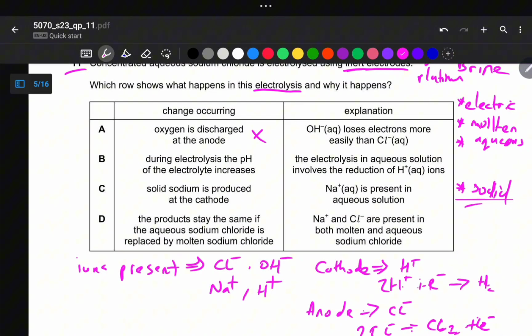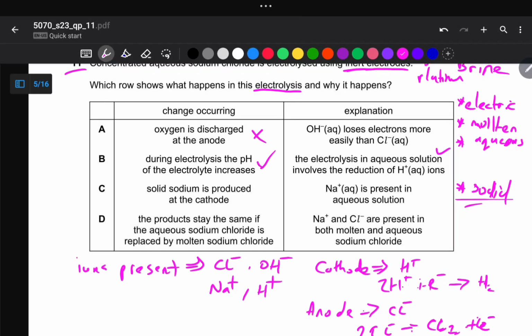This one is true because hydrogen gas is being released. pH is the measure of hydrogen ion concentration in a solution. Hydrogen ions decrease because they are being reduced to hydrogen gas. The fewer the hydrogen ions, the higher the pH. So this sounds correct. Are we together?